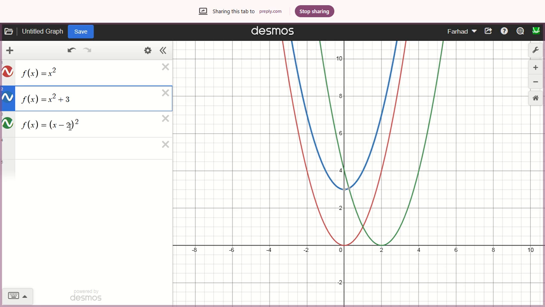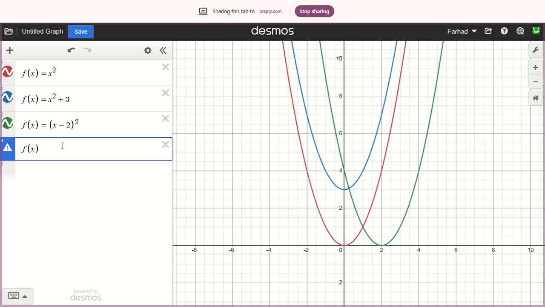But for y, for constant terms here, these are called constant terms. So if we add something, then the graph will move up, and then here f of x equals x square, then minus 3.